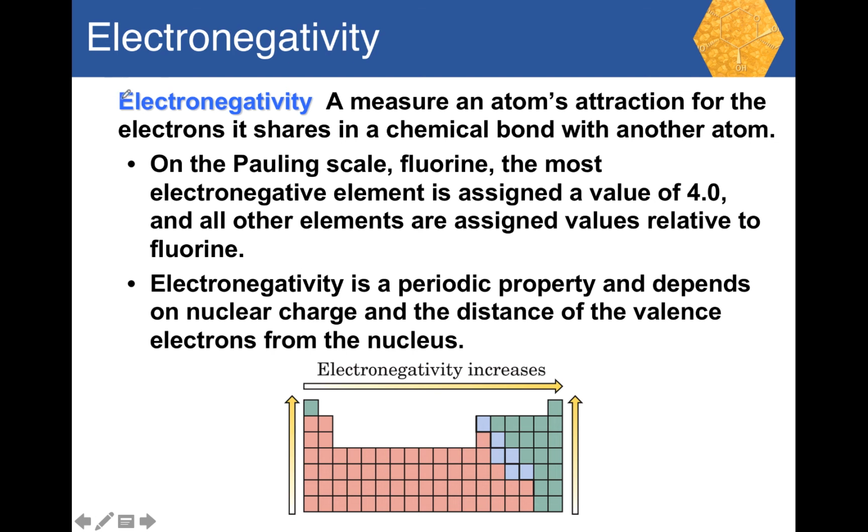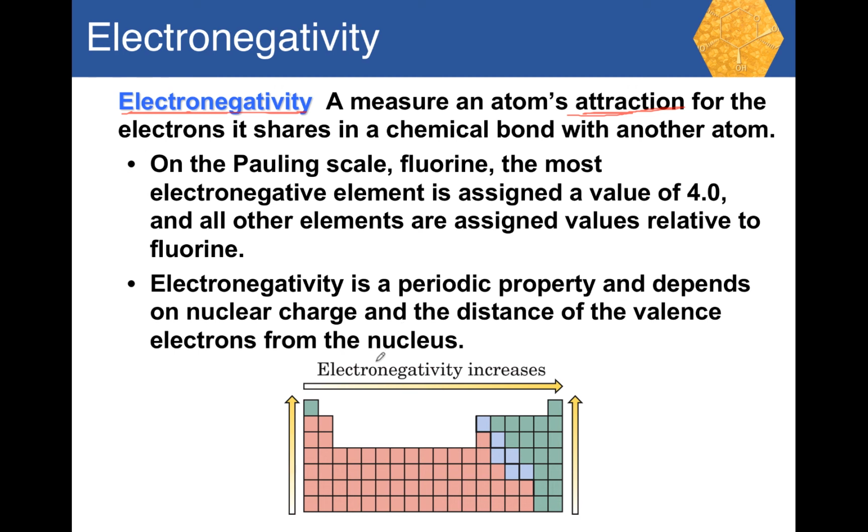Let's look at a new term for us, electronegativity. Sounds like a big word, but it's really not, because it's basically the potential of an atom to attract electrons to itself. The attraction for electrons. Electronegativity, electrons. Okay, so atoms to the extreme right of the periodic table, as we have seen, tend to want electrons so that they can achieve the octet of electrons.